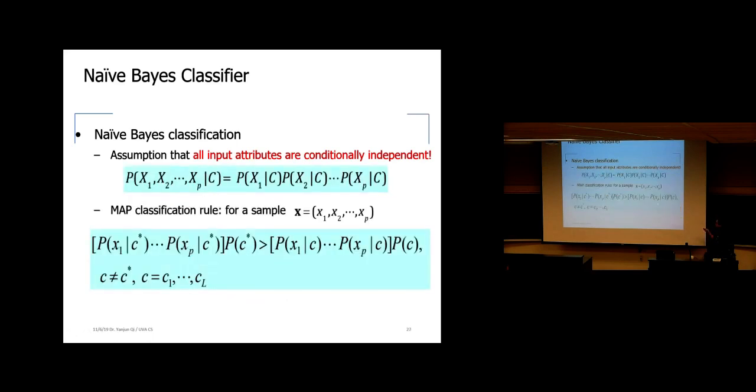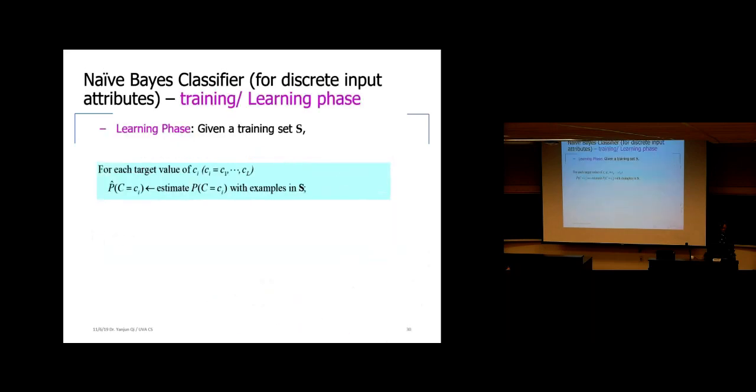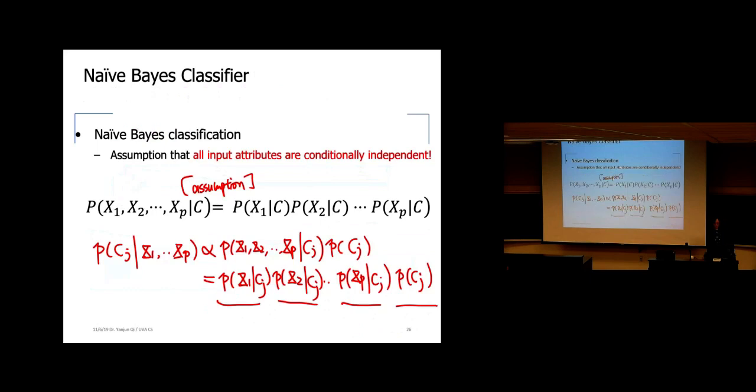When a future sample has specific values, you just look up. So again, this is still a lookup operation. Maybe let me write it here. What I need to estimate from the training data now is P of C, and each one of these is a table.